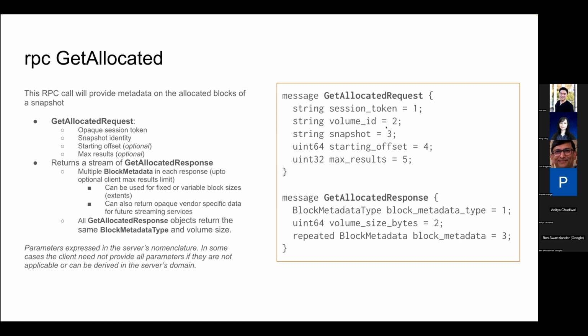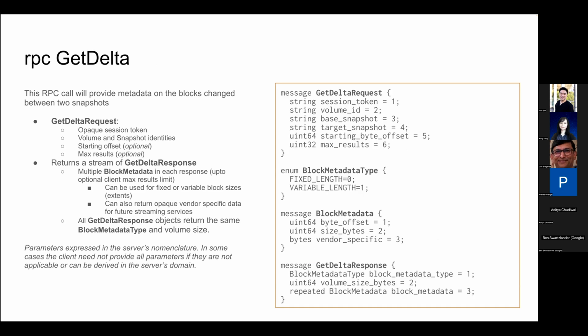I was looking at Ceph APIs, VMware APIs, and I think even EBS APIs. They all have this equivalent: what's in the snapshot, what are the non-zeros on this snapshot? It just seems to me that you could reuse the other RPC and say, if the base snapshot is the empty string, then interpret it as a comparison against all zeros.